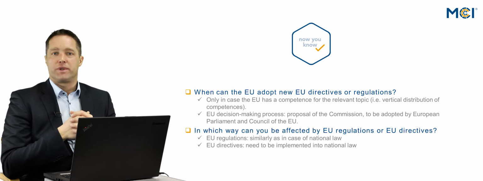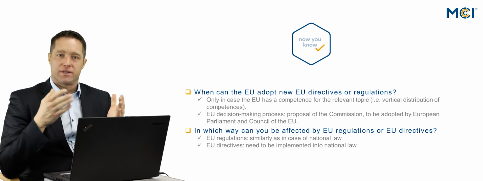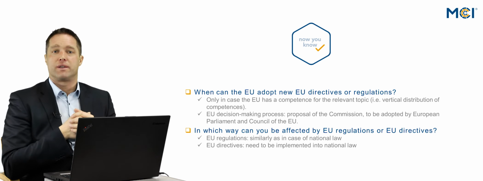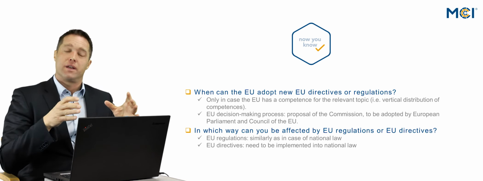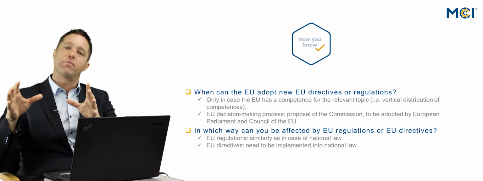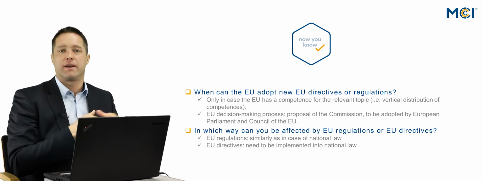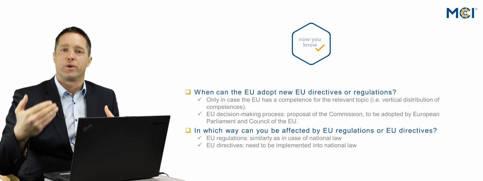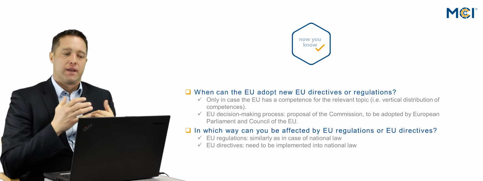When can the EU adopt EU directives and EU regulations? As we have seen, we have to look at those 3 slides in order to find out whether it's an exclusive EU competence, a shared competence, or basically a competence of the member states, where you can only support, coordinate, or supplement.